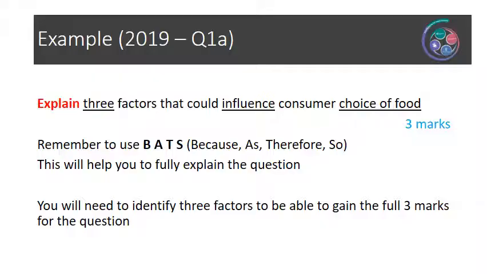I've highlighted the words 3, influence, and choice of food. As it is asking for 3 factors, this links in with the mark scheme. You need to have 3 points to access the full 3 marks. You need to think about influences and choice of food.